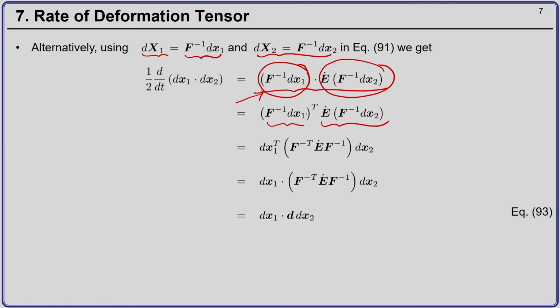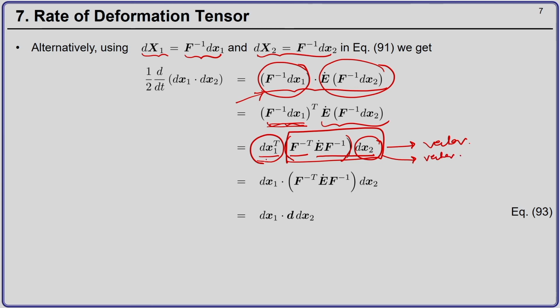And I can open up this bracket and write dx1 transpose F inverse transpose E dot F inverse dx2. So, I can take dx1 out from the left hand side and dx2 out from the right hand side. And now, this whole expression in the square bracket is also a vector quantity, because the term in the bracket here is a second order tensor, and a second order tensor operating on a vector gives you a vector.